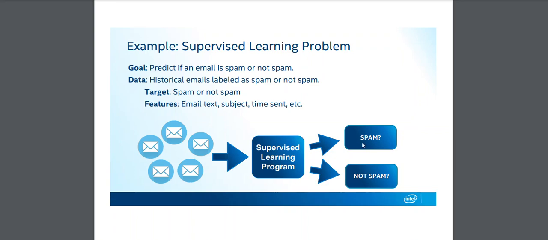So here's our outcome. What's our target classification? Our input is known emails that are spam, known emails that are not spam.